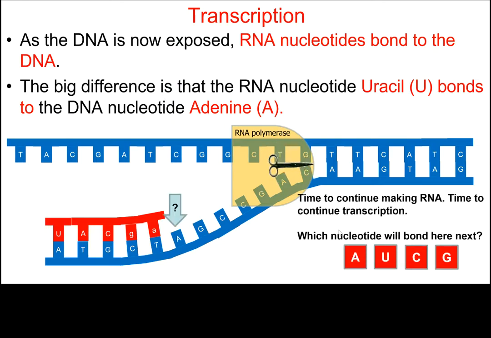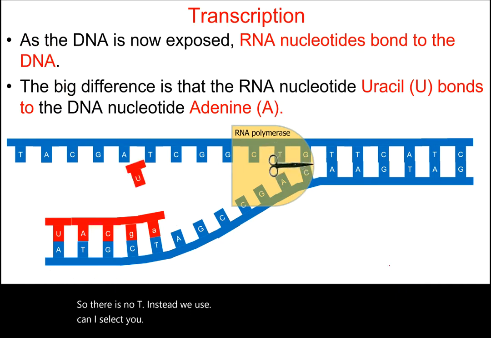All right, so what do you think is going to go there? Remember, it's RNA, so there is no T. Instead, we use U. Can I select U? There we go.